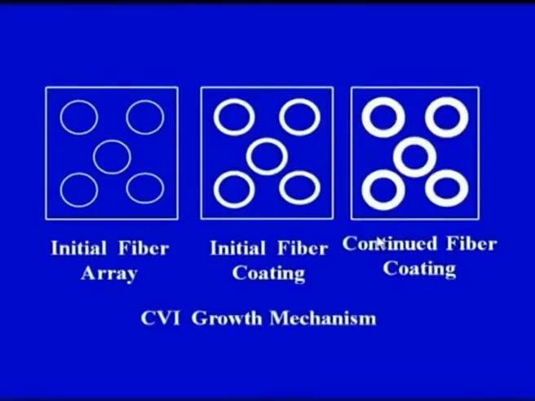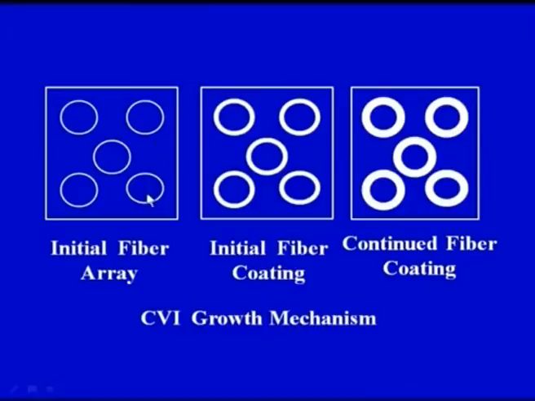Now here you can see the CVI growth mechanism, where individual fibers are shown. You can see this is the porous preform, these are the fibers, 1, 2, 3, this is the 4th one, 5th. So we have different fibers, and this particular section is porous.